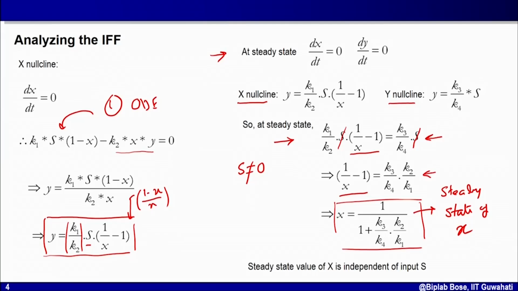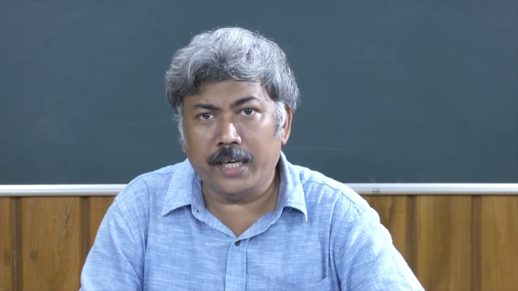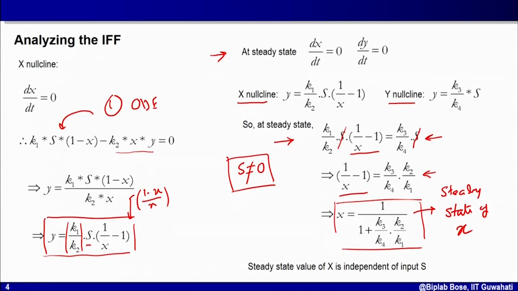It will only depend upon K3, K2, K4 and K1 which are constant in my system. That means the steady state value of x is insensitive to S as long as S is not equal to 0. That's the condition we have given here, S is not equal to 0.